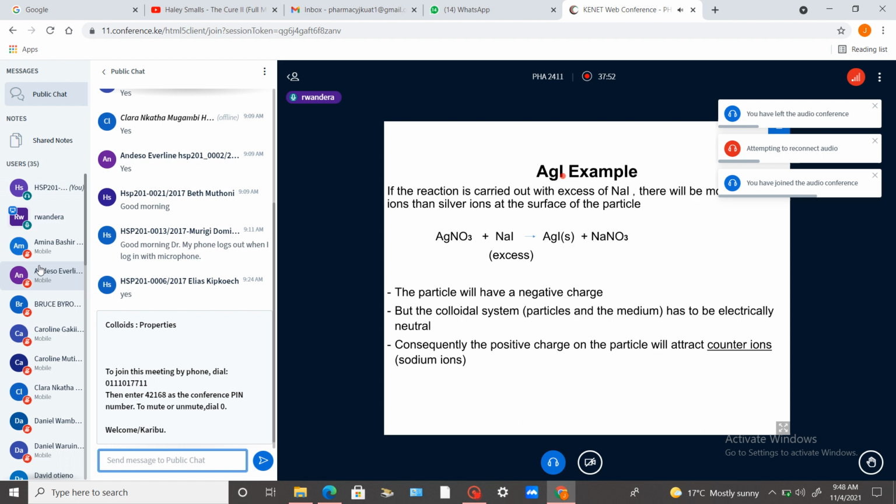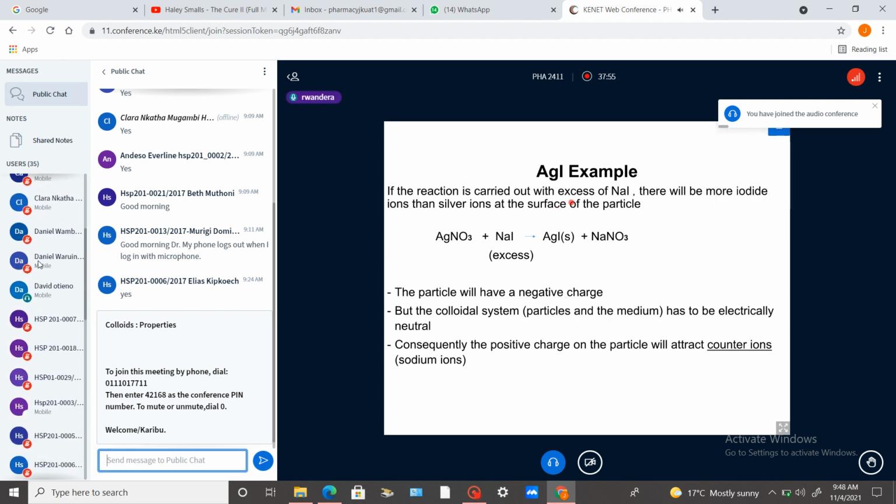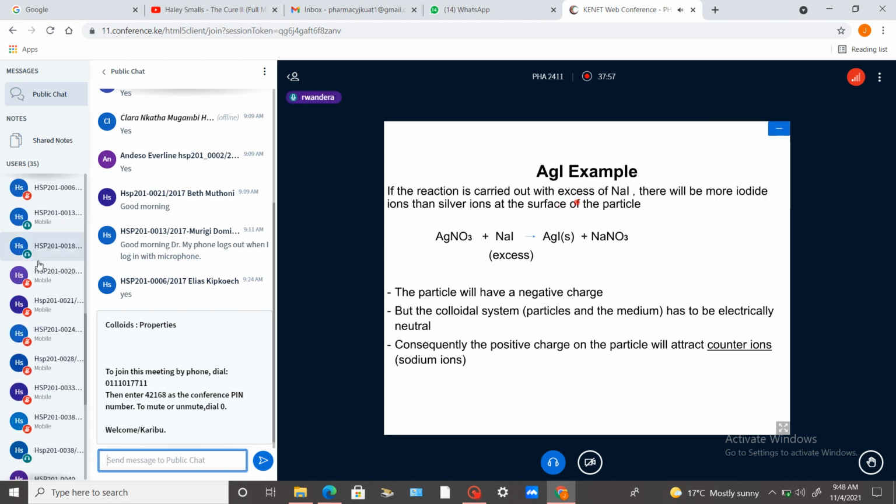With a trace of sodium iodide, you will find that your colloidal particle will have a net negative charge because of the iodide ions, and because the system has to be electrically neutral, the negative iodide charge will now attract positively charged counter ions. In this case, these will be sodium ions from the solution.